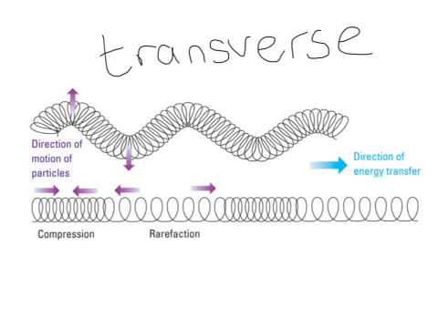Now, the important thing about transverse waves is that if you look at this bit of the spring, it doesn't physically move in the direction of energy transfer. It actually just goes up and down. This bit of spring goes up and down, but that adds energy to the next bit of spring, which moves it up and down, and so on, and that allows the energy to transfer from one place to another.